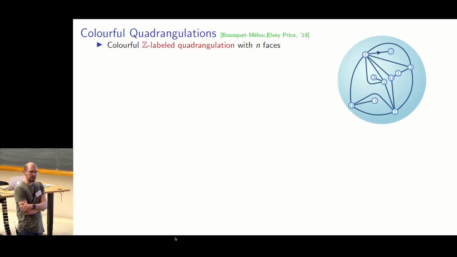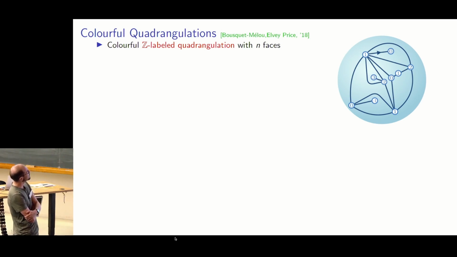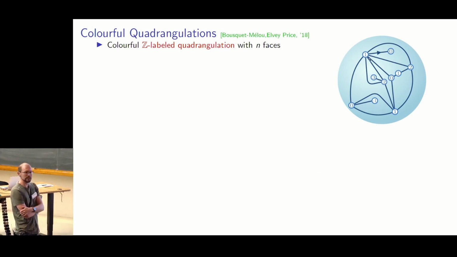So what are the two characters of maps that we will relate? The first character is that of integer labeled quadrangulations. Here I'm following the presentation in the recent paper of Mireille and Andrew Elvey Price. We're going to look at quadrangulations of the sphere whose vertices are labeled by integers, and it should be a proper labeling in the sense that neighboring vertices differ by exactly 1 in label.